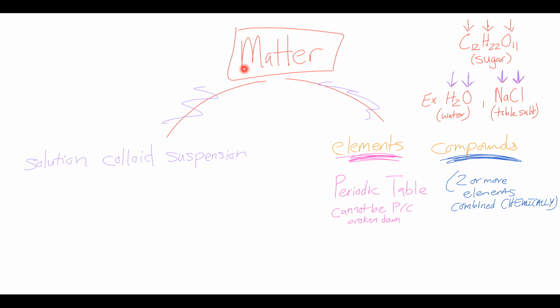Then if we go to this other side, how do we differentiate between these three different types of mixtures? What's the difference between them? The number of electrons and protons?